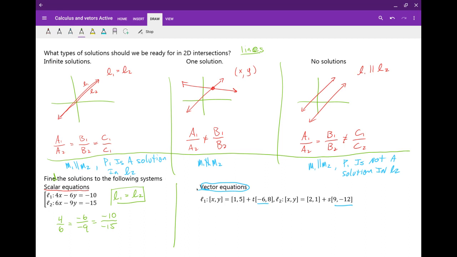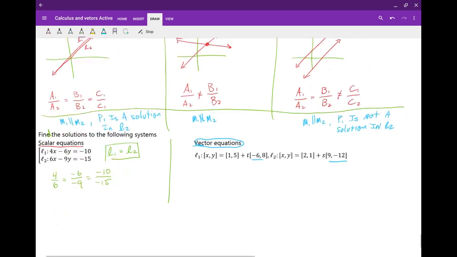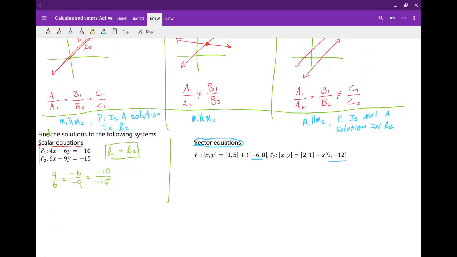Okay, now let's talk about the vector equations. First, I want to test to see if the two slopes are parallel. If they're parallel, then I have either this scenario or that scenario. If they're not parallel, then I have this scenario, okay? So let's figure out if my two slopes are parallel here.